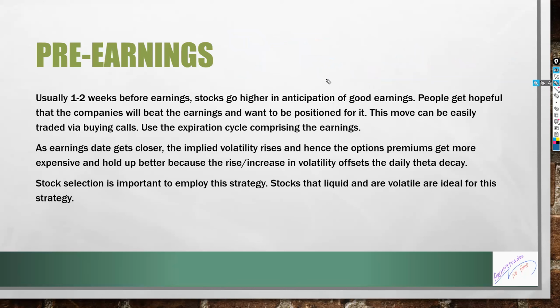Now, the way I do this, okay, if I am bullish on a stock, just giving an example, if I am bullish on Airbnb, I would buy August 4th, say 150 calls. I think it goes beyond that, okay?